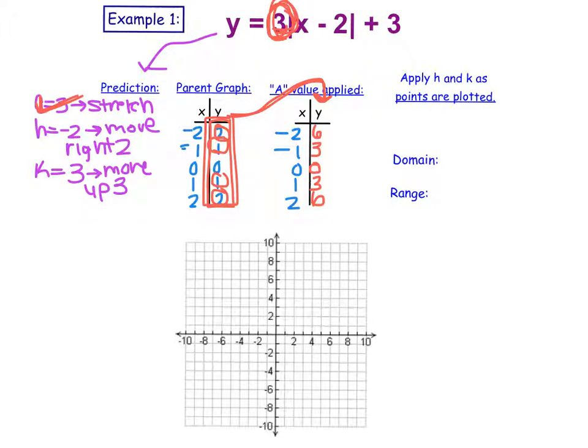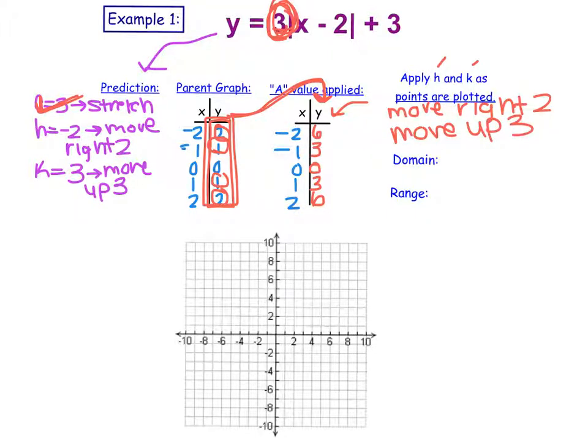Now, as we go to plot these points, that's when we're going to apply H and K. So as we plot each of these points here, we're going to apply the horizontal and the vertical movements. So my horizontal movement is I'm going to move to the right 2, and then my vertical movement is I'm going to move up 3.